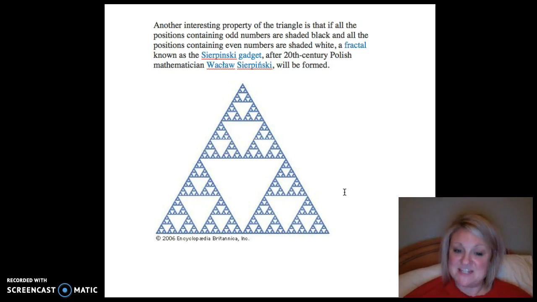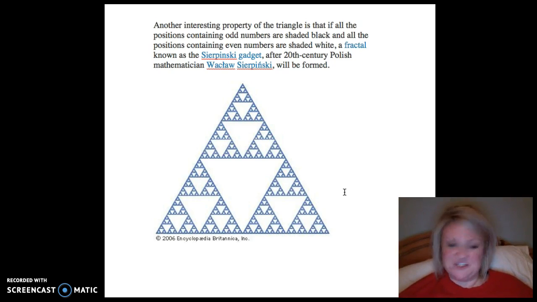And this Sierpinski triangle is made of equilateral triangles. It's a recursive pattern, which we'll learn more about later on in the week, but it was actually developed by a 20th century Polish mathematician named Sierpinski.